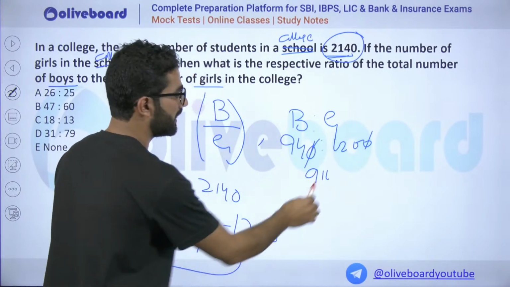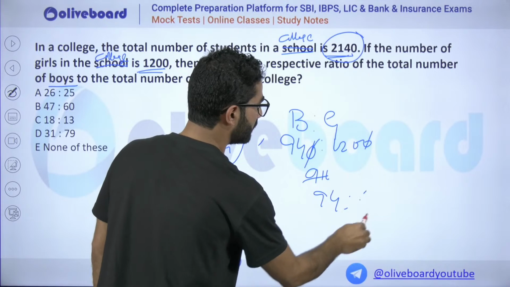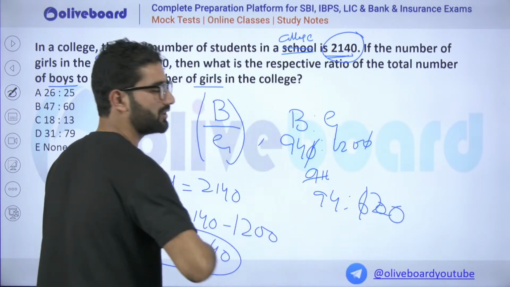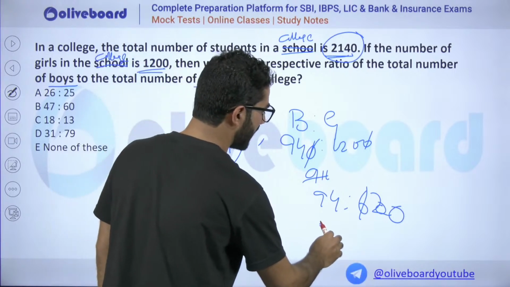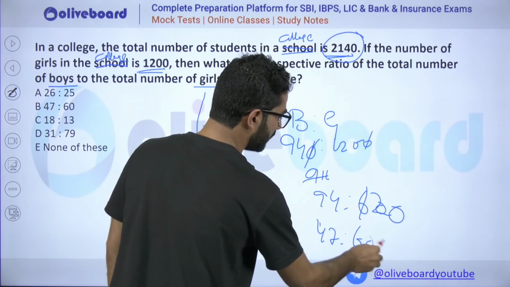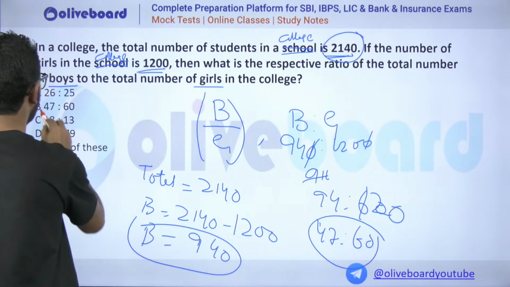You just cut the zero. It will be 94 is to 120. You can divide it by 2 and reduce it. 94 becomes 47, and 120 becomes 60. So this is 47:60, option number B.